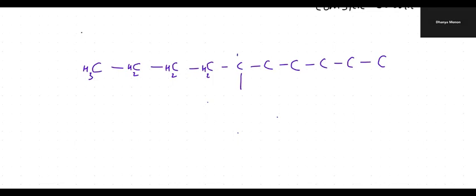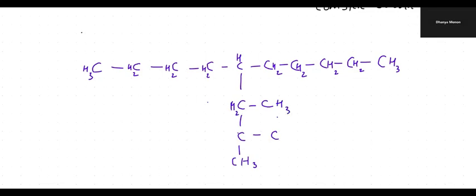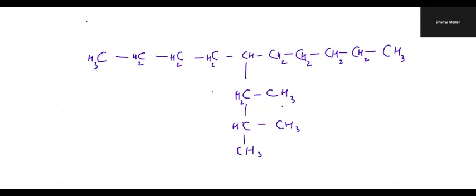This is CH, this is CH2, 2 valencies satisfied, 2 more needed, 2 valencies satisfied, 2 more needed, 1 valency satisfied, 3 more needed. Then here I have a hydrogen, I'm placing it here. Now over here, if I'm numbering it, 1, 2, 3, 4, 5, 6, 7, 8, 9, 10.